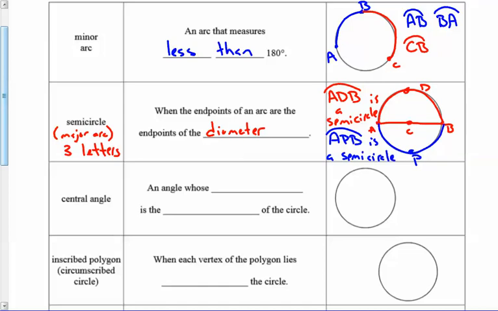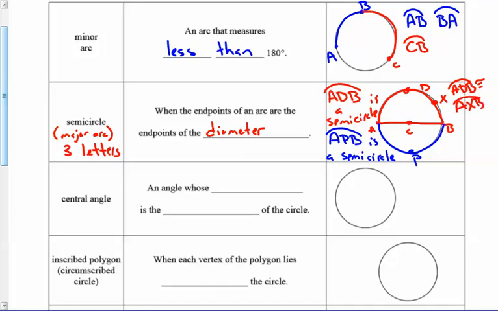But they're different semicircles, right? Start at A, go to B, start at A and go to B, but this one goes through D, and this one goes through P. So those are different semicircles. Let's say I have this point over here, X. Well, arc ADB is congruent to AXB.